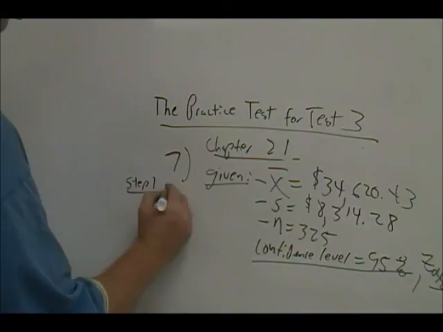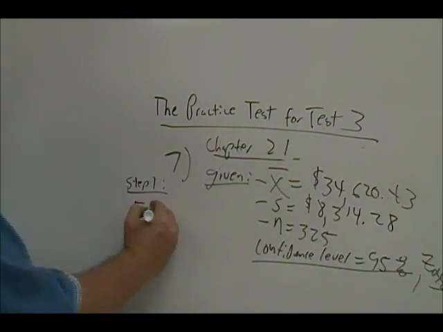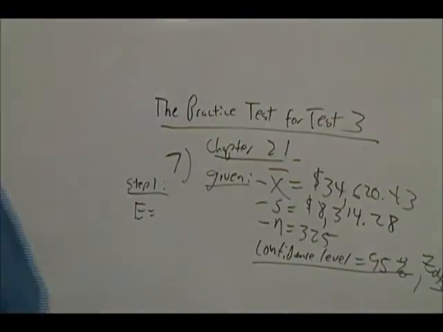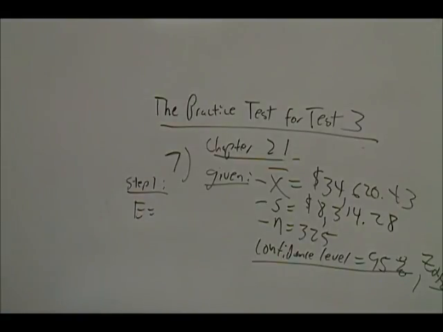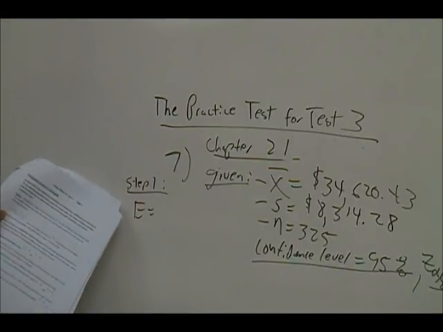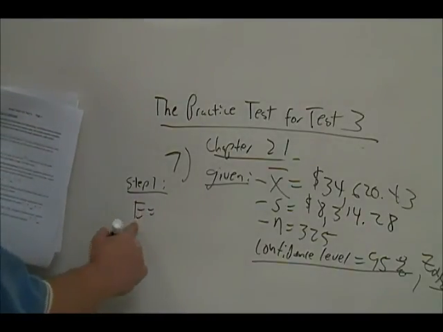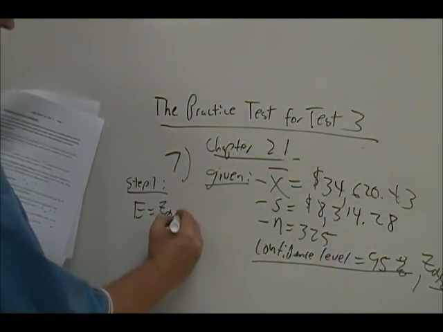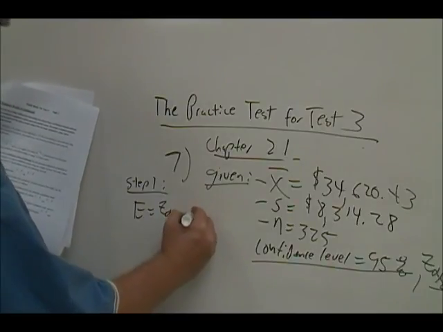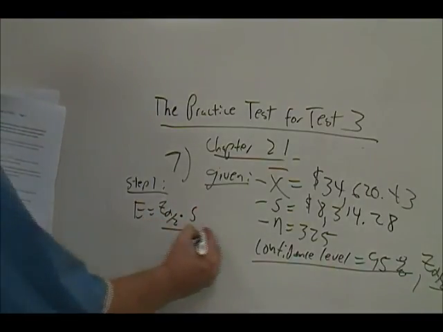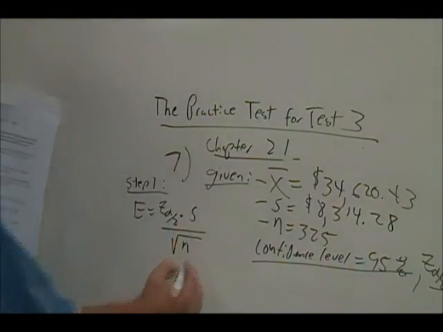Step 1. We're going to calculate the error. And if you look at the formula in the cheat sheet, for confidence interval estimates of unknown population means, the margin of error formula given in step 1 is the error E is equal to the critical value Z alpha over 2 times the sample standard deviation S, all divided by the square root of the sample size.